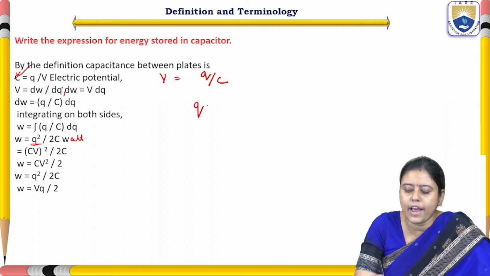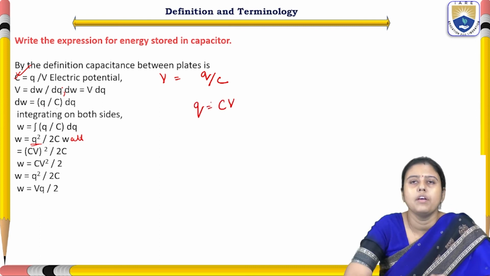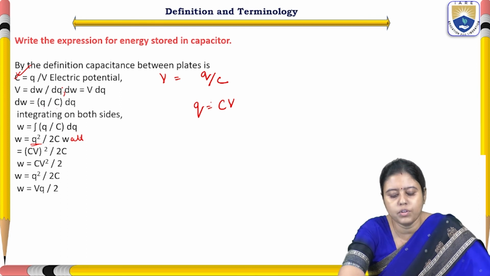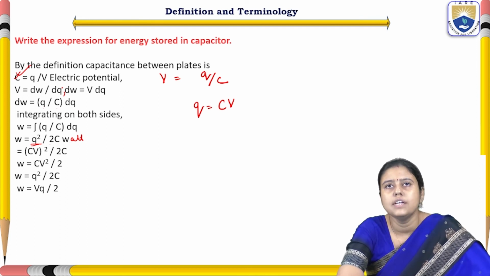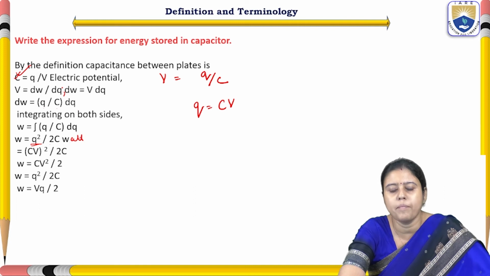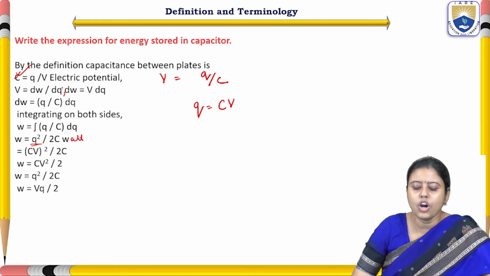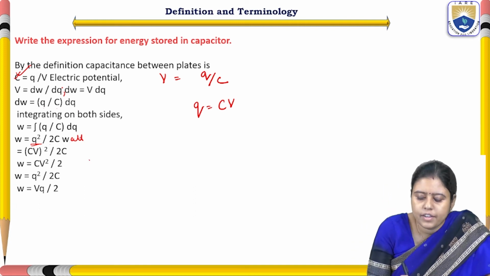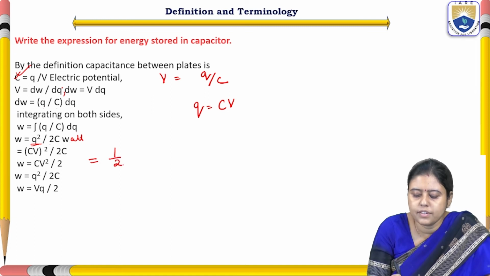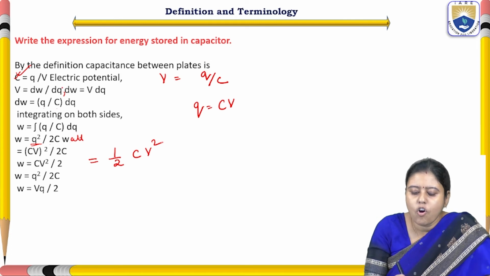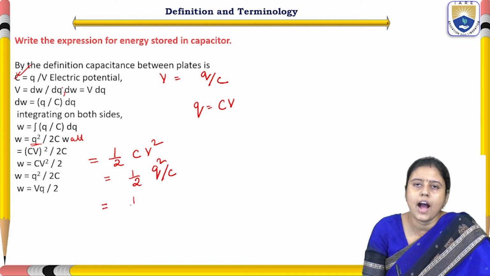Q is nothing but C into V. So if we put the value, we get W is equal to C V whole square by 2C, or we can write W is equal to half C V square, or half Q square by C, or half V into Q.